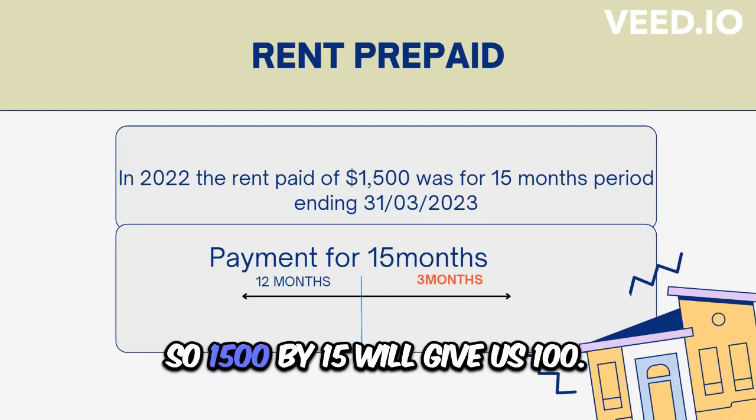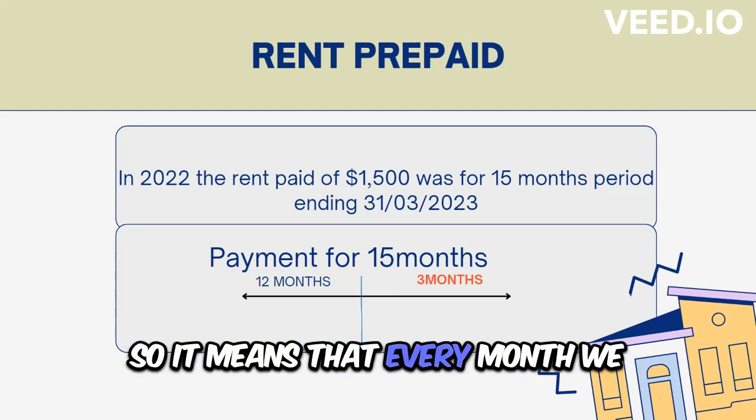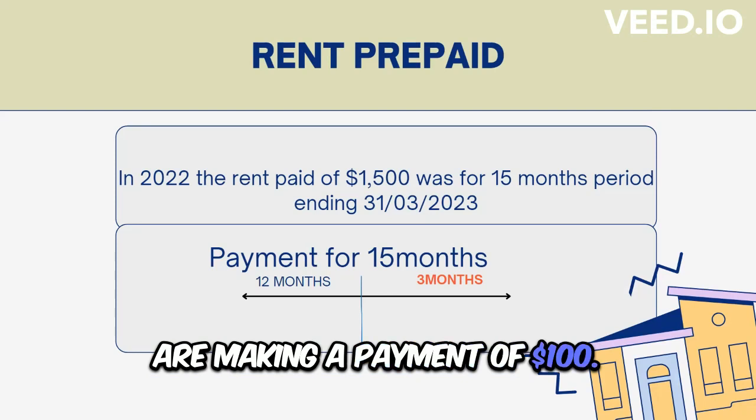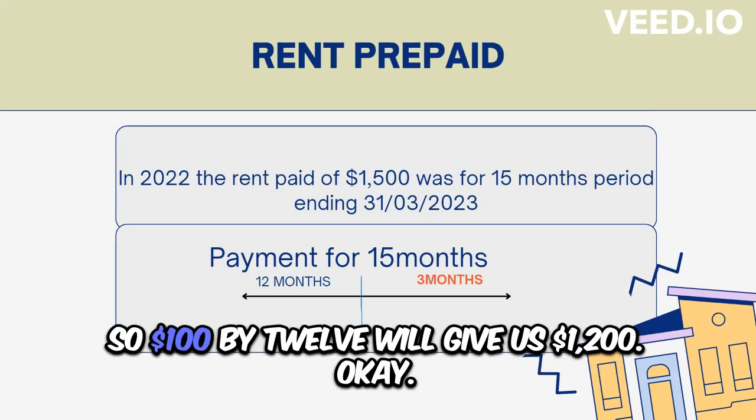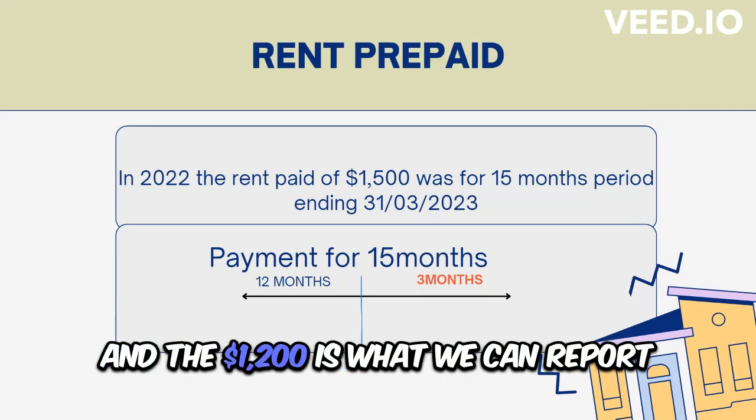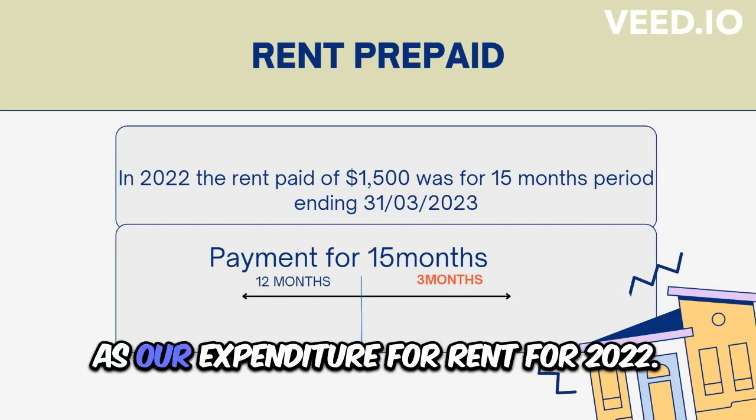So 1,500 by 15 will give us 100. It means that every month we are making a payment of $100. So $100 by 12 will give us $1,200. And the $1,200 is what we can report as our expenditure for rent for 2022.